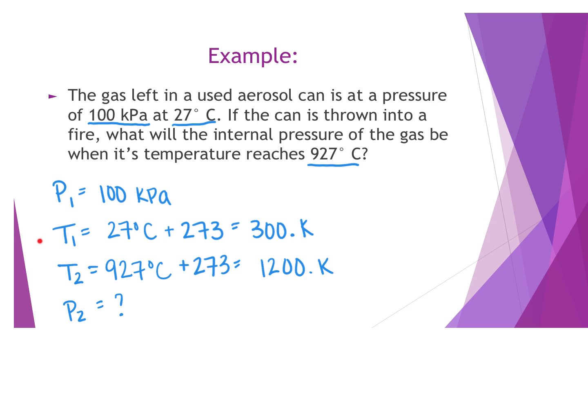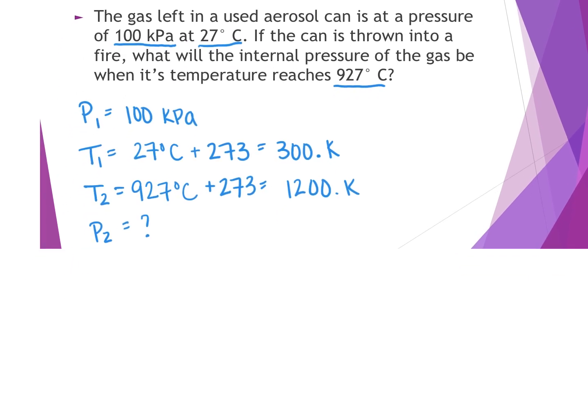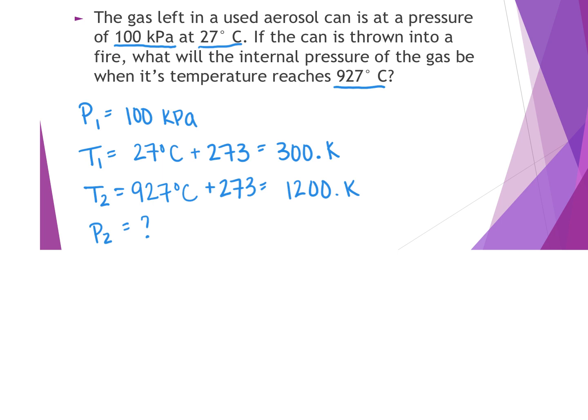Don't skip this step. So today we're obviously using Gay Lussac's law since that's the one we're learning. However, the day will come where there's 5 equations and you don't know which equation to use. This is how you'll figure it out. You'd have to look at what equation has P1, T1, T2, and P2 in it. All right, so that equation is Gay Lussac's law, which is P1 divided by T1 is equal to P2 divided by T2.